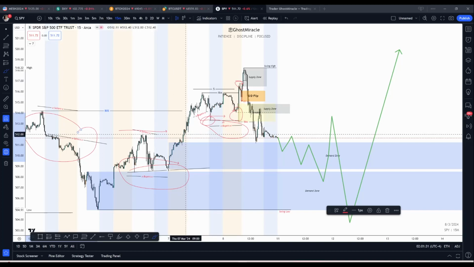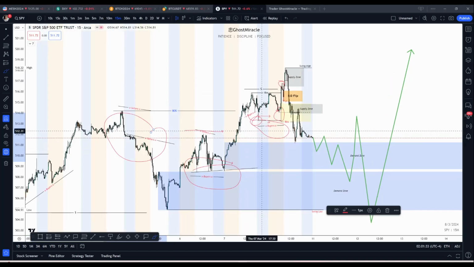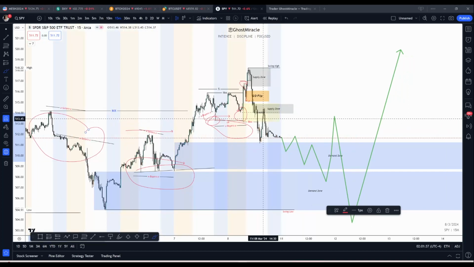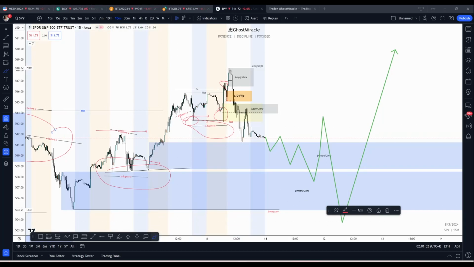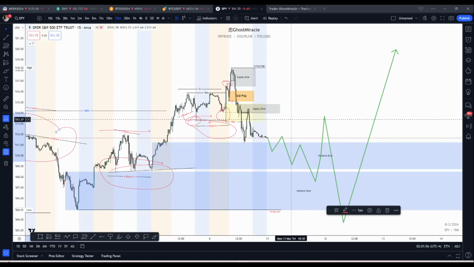Right. So that's what Nez was talking about with targeting and identifying buyers and sellers in the market. Because that goes back to the wicks. That's why it's expected to get taken out, because wicks identify, in some form or fashion, your buyers and sellers, right?